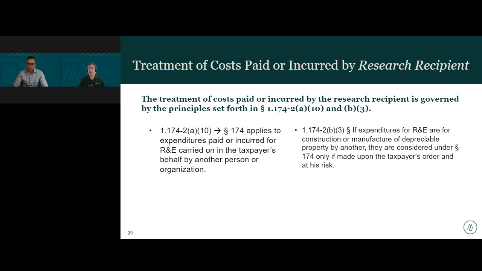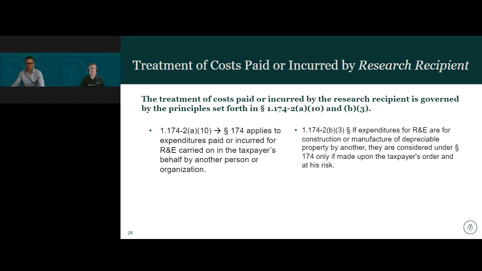Section 174 would not apply if the taxpayer purchases another's product under a performance guarantee, or for any part of the purchase price of a product already in regular production. So when we look at the research recipient, we are still looking at the existing regulations under Section 174.